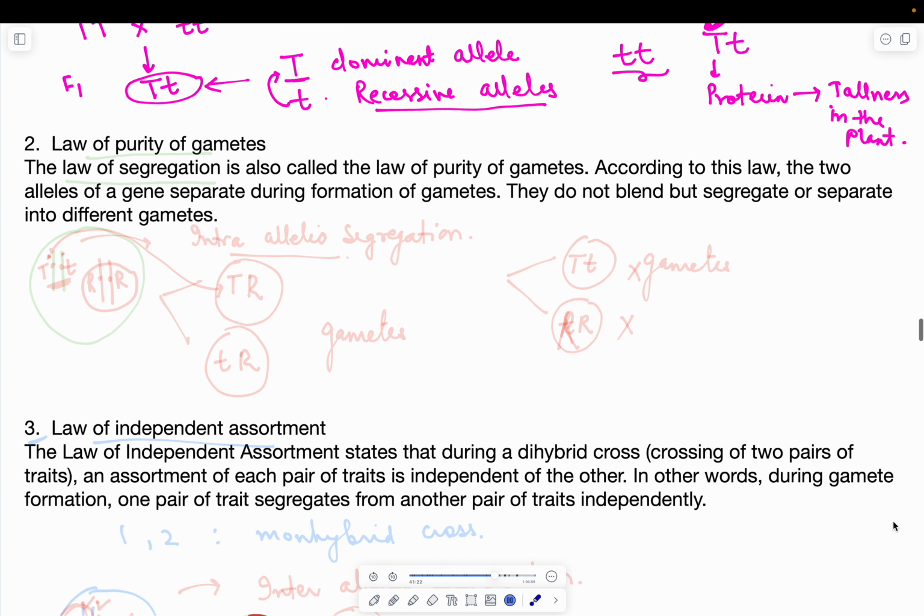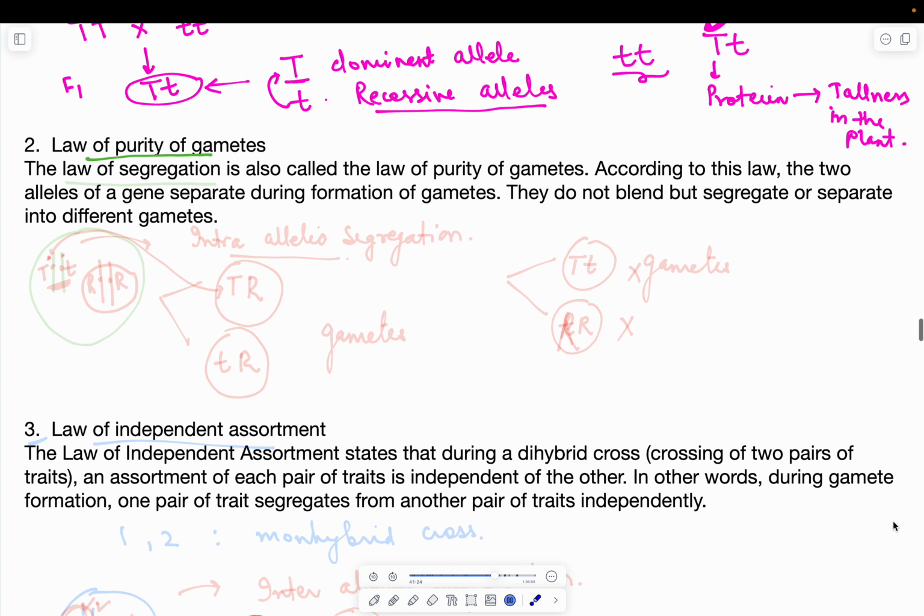Next, the second law is the law of purity of gametes, which is also known as the law of segregation. This law explains the segregation of chromosomes, or you can say the segregation of alleles, during cell division. Consider a cell which has one homologous pair. I'll draw another homologous pair as well.